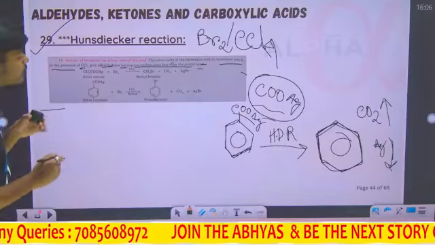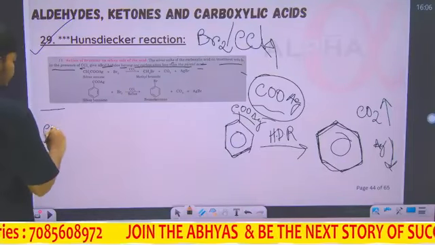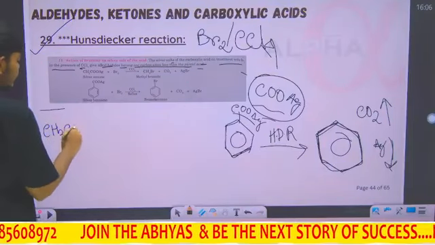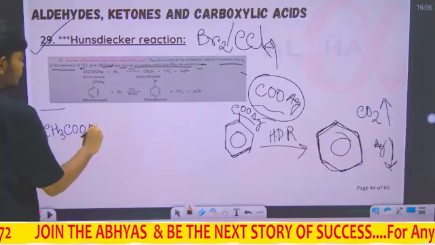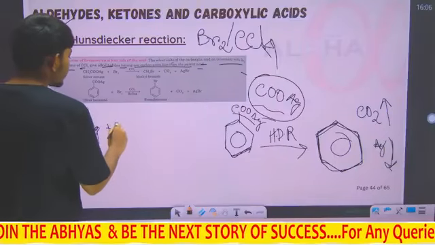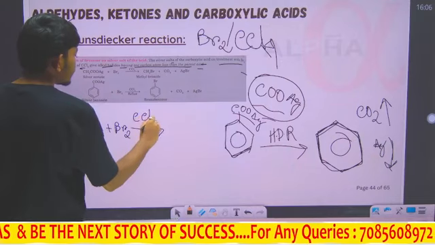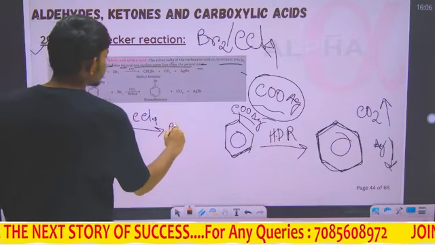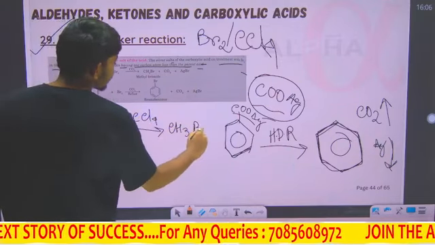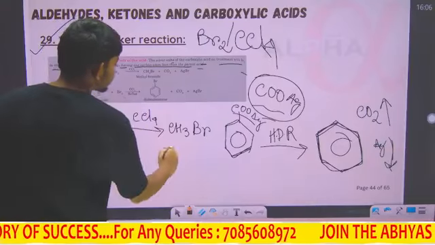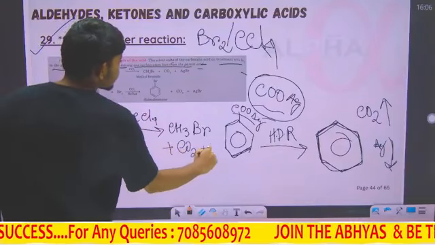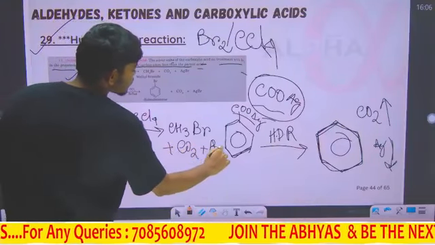If you didn't understand, I can write the reaction here. First reaction: CH3COOAg plus Br2, in CCl4, gives CH3Br plus CO2 plus AgBr.